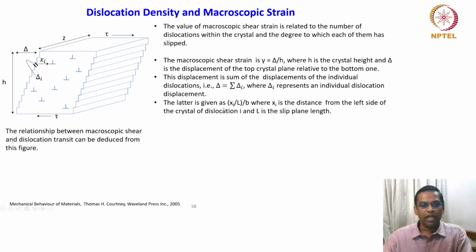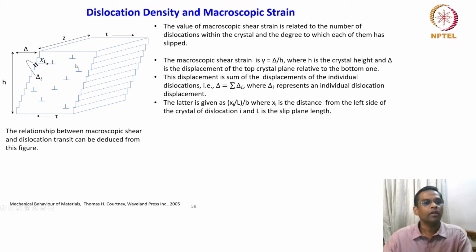The individual dislocation displacement is given as xi divided by L, times b, where xi is the distance of dislocation i from the left side of the crystal, and L is the slip plane length.